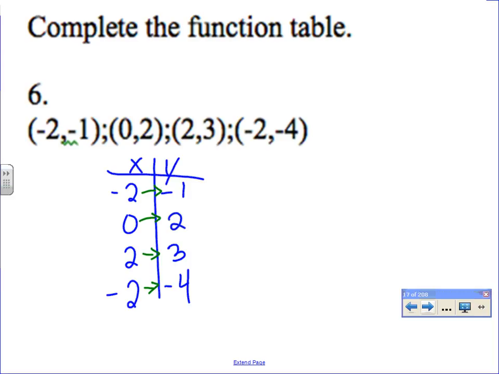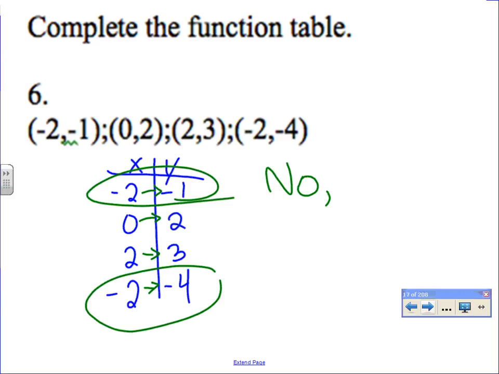So someone hasn't answered in a while or answered yet. What do you think? Is this a function? Greta, what do you think? Why? Awesome. So right here is what messes this up.